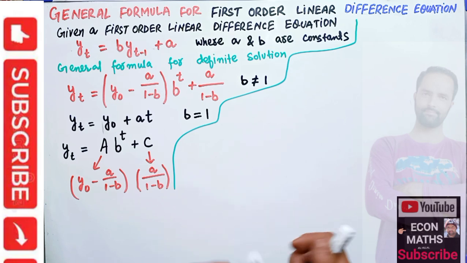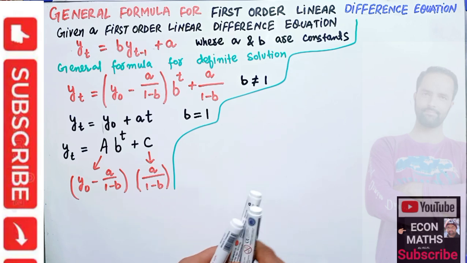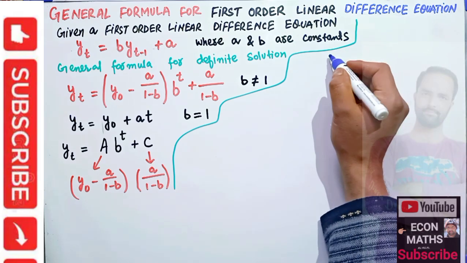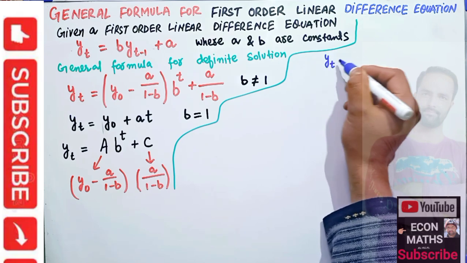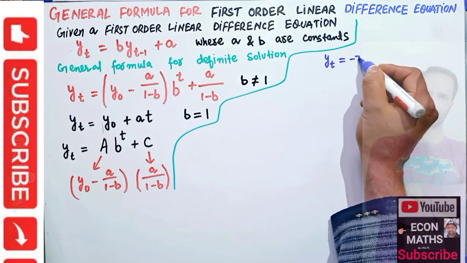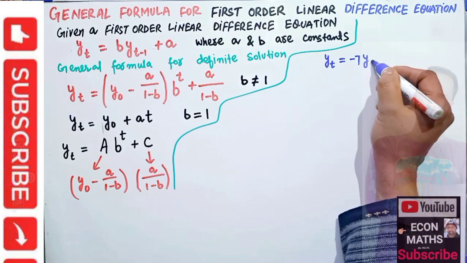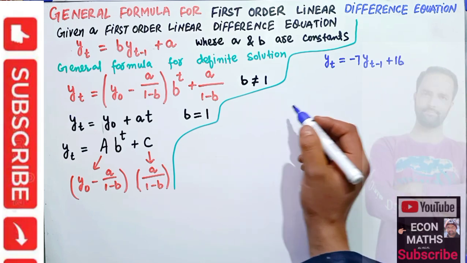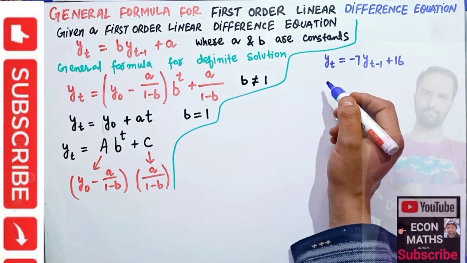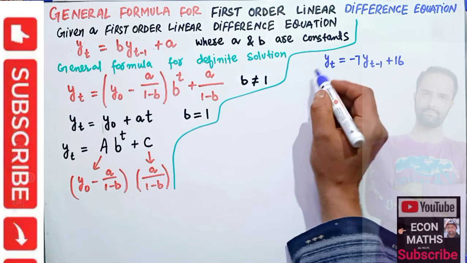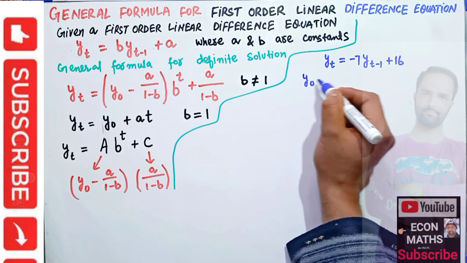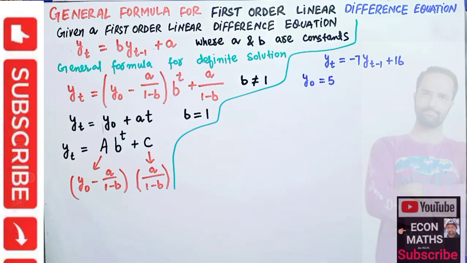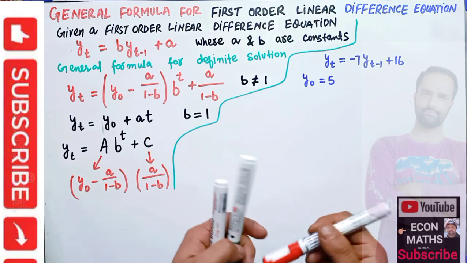Let us say we are given a difference equation, that is y_t is equal to minus 7 y_{t-1} plus 16, and the initial condition is y_0 is equal to 5.